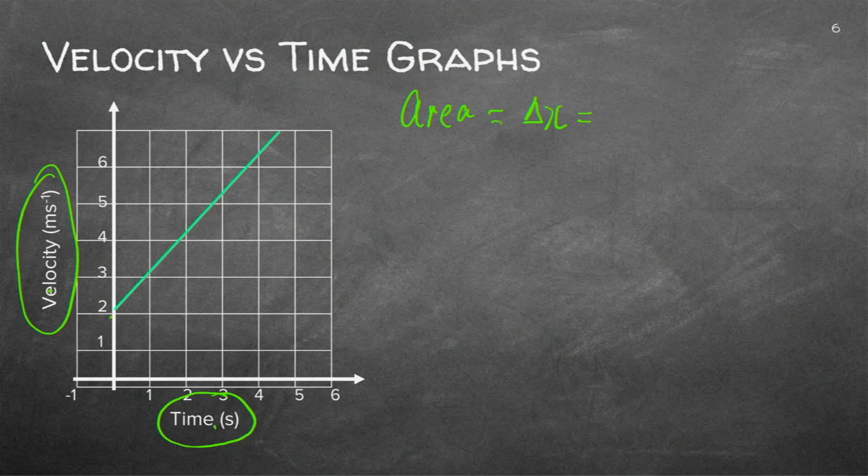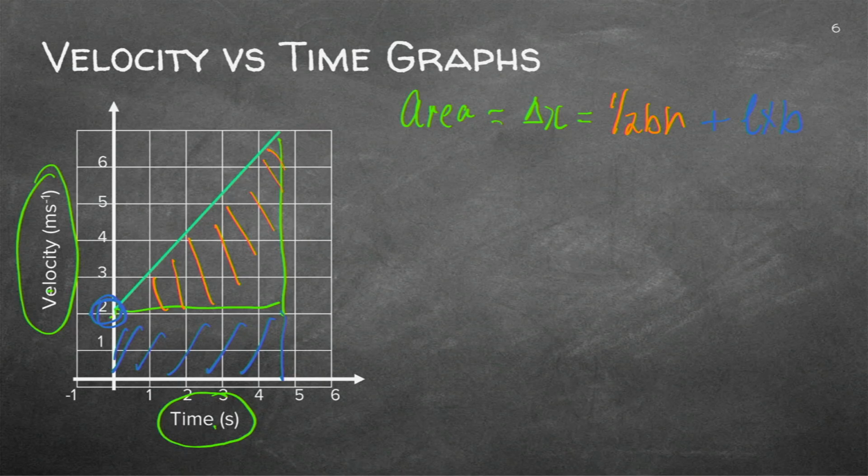The area is, well, if you have a look at this, you've got a triangle up there, and I've got a rectangle down here. Please bear in mind, I'm not starting at 0 meter per second. So let's go back and complete this equation.